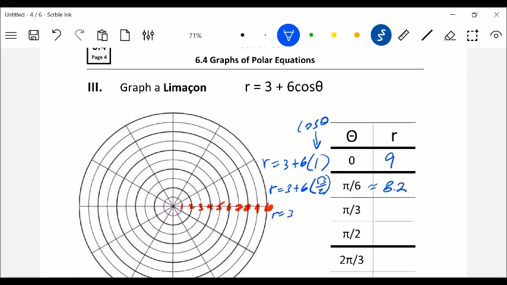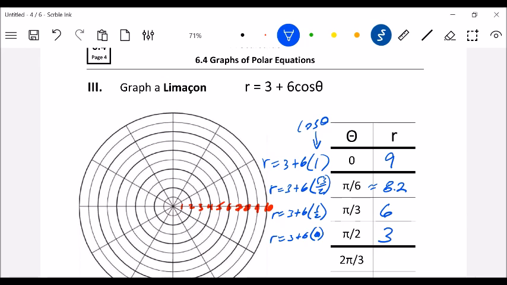And then r equals 3 plus 6 times, pi over 3. Pi over 3 is 1/2. So 2 goes into 6 3 times. 3 plus 3 is 6. Well, at pi over 2, the cosine is 0. So it's 0 plus 3, so it's 3.